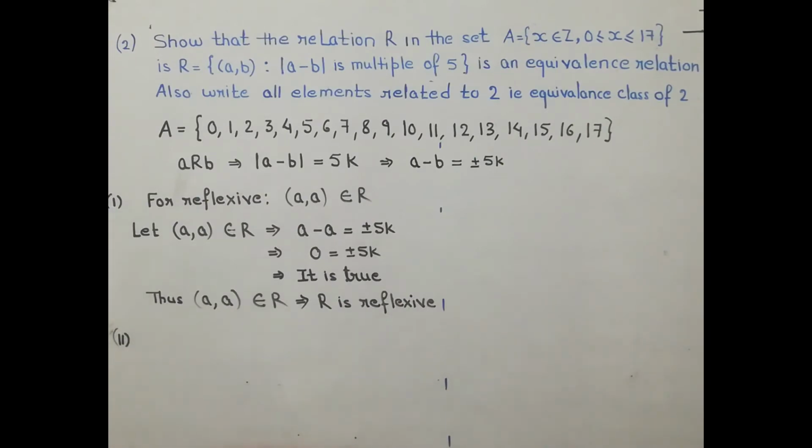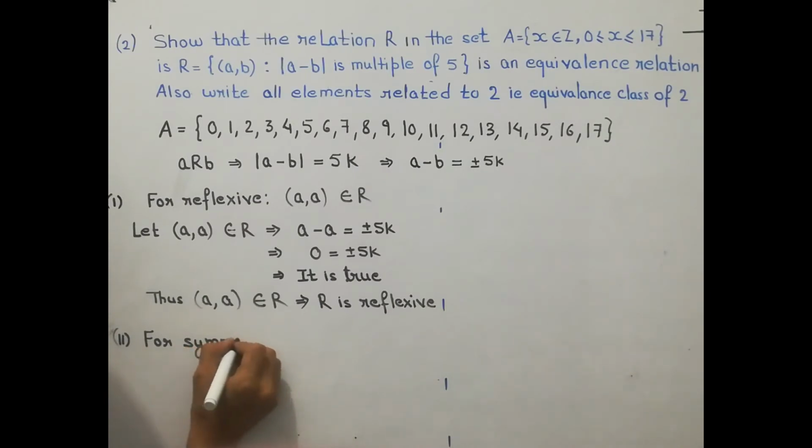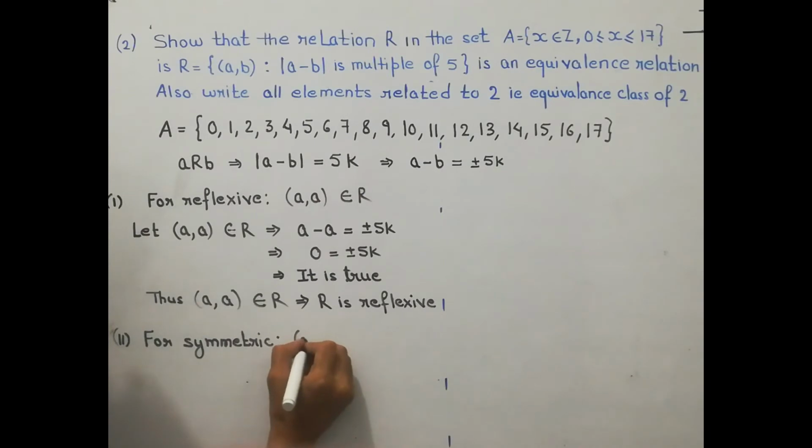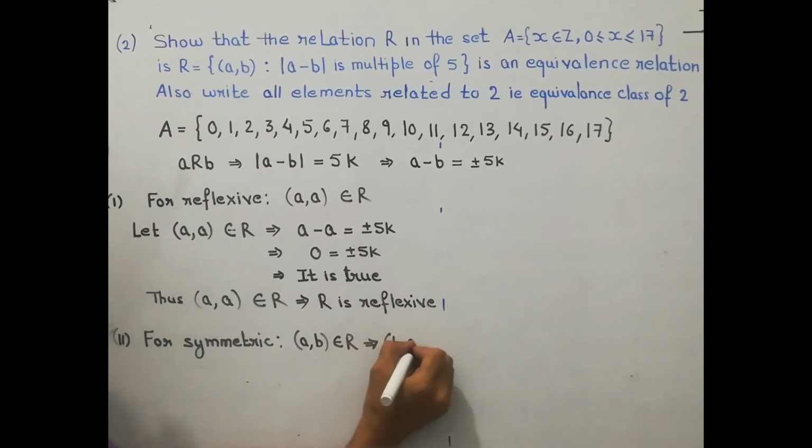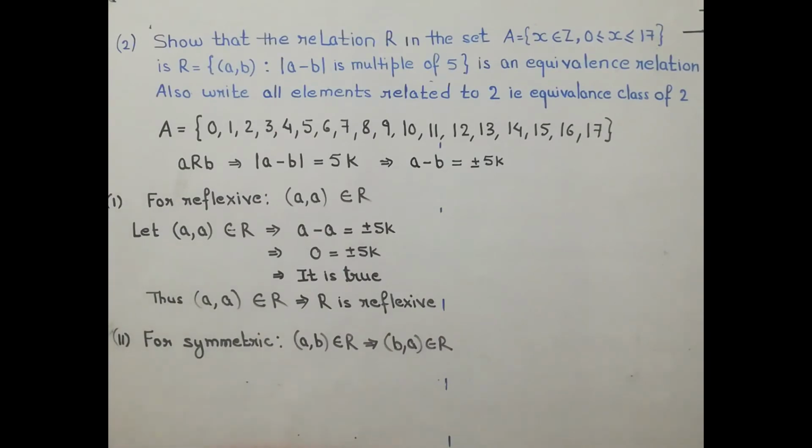Now we have to prove that the relation is symmetric. Now how to prove the relation is symmetric? So let's write the definition. For symmetric, (a, b) belongs to R implies (b, a) belongs to R. This is the definition for symmetric.